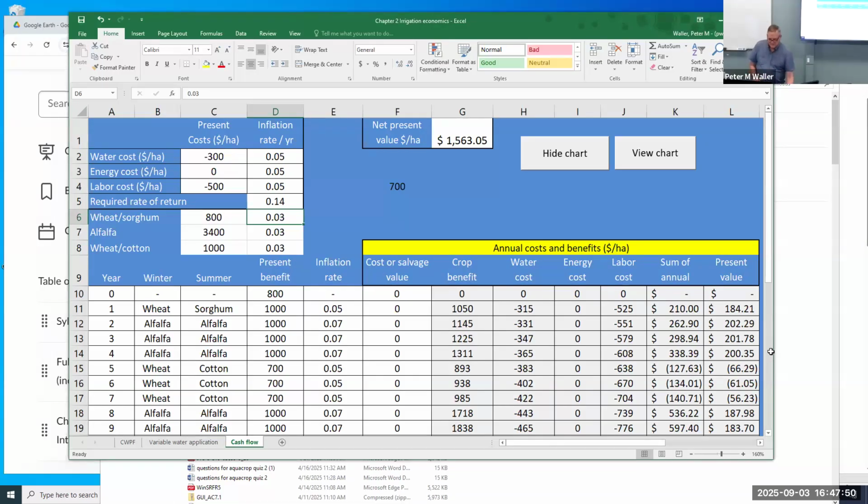So that money coming in 3 years or 4 years is not worth as much as it was when I had a lower required rate of return. It's discounted more. Just like you get more interest if you have a higher interest rate on your money in the bank, it's the same thing. So what we do in order to make a level playing field is we discount everything back to the present value.